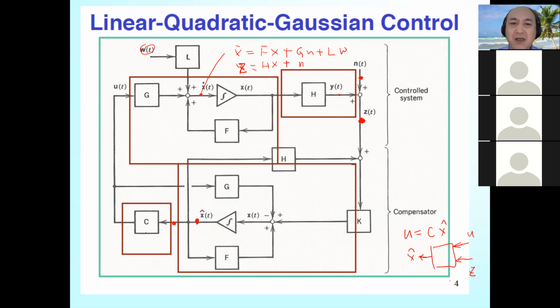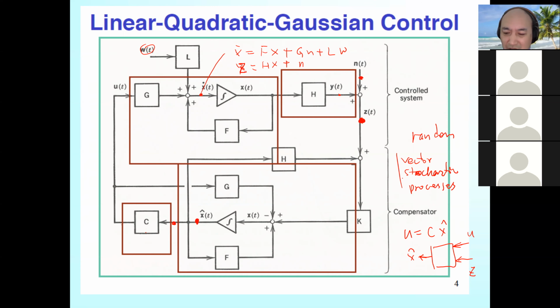Everything here is random; to be precise, they are all vector stochastic processes.